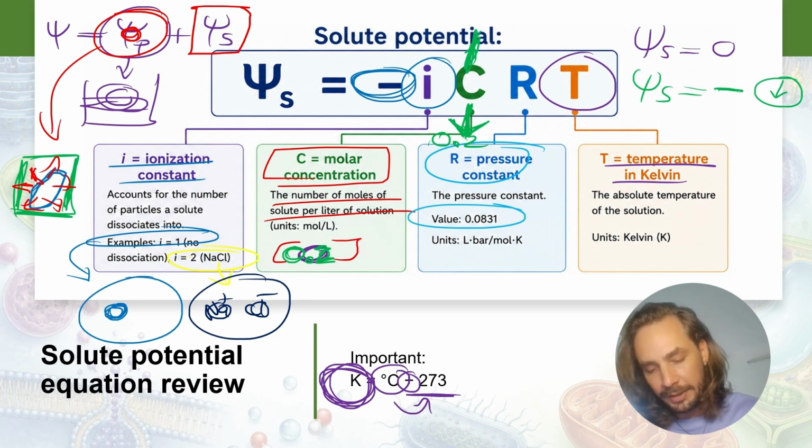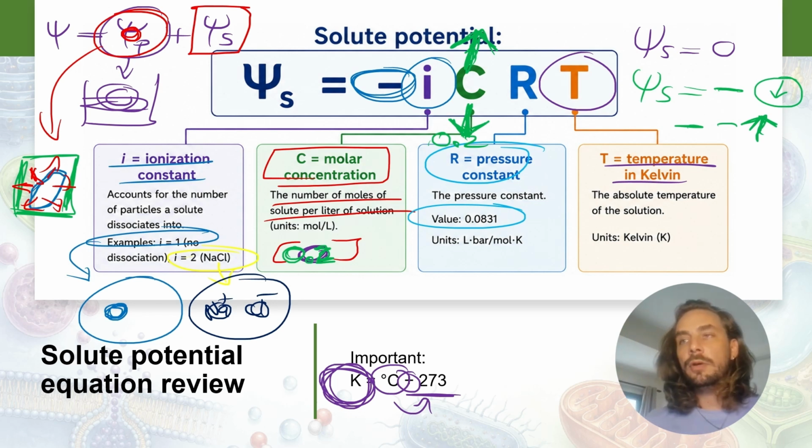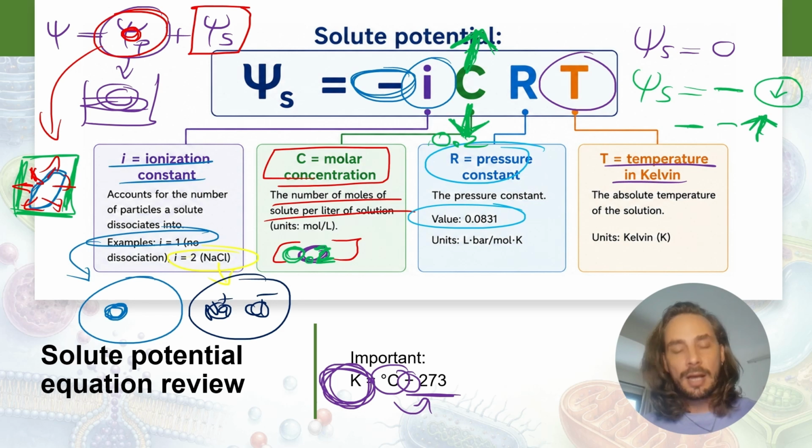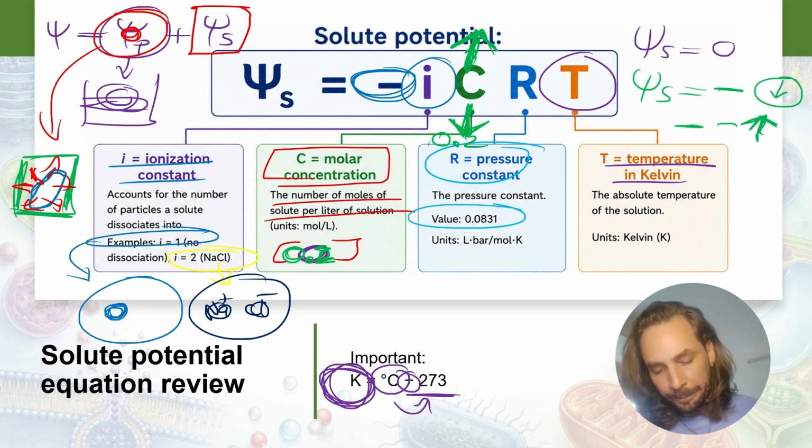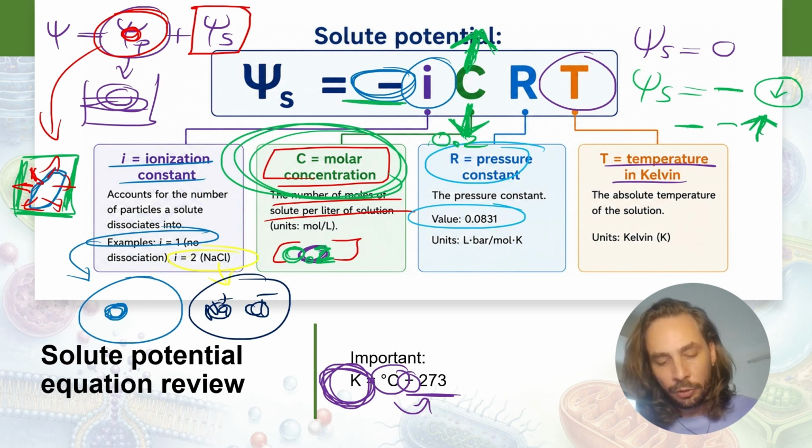If I increase this value, it will make it more negative. That is why we calculate the solute potential: as soon as there is a substance dissolved in it, it will have a negative value.